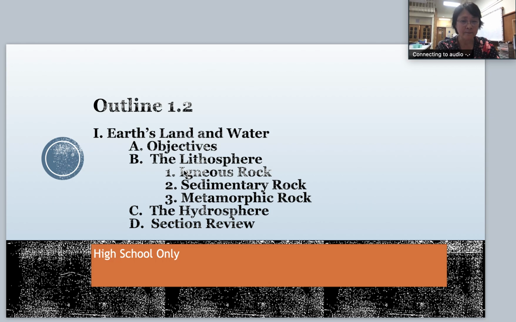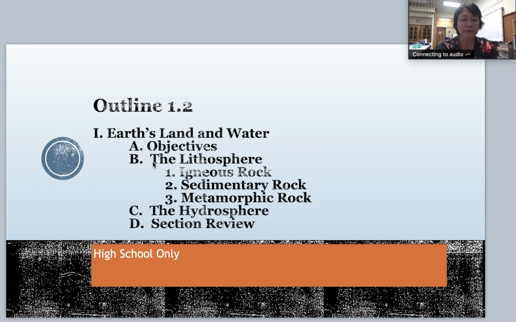The categorization of the subheading, we will indicate by numbers. So 1, igneous rock is found under lithosphere. 2, sedimentary rock is found under lithosphere, and 3, metamorphic rock is also another subtopic within the lithosphere.